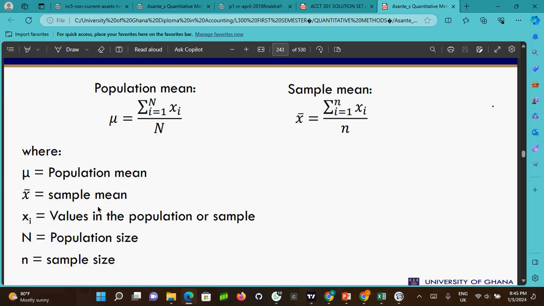You add all of them and then divide by the population size. If it comes to the population, you divide by the total population. If it comes to the sample side, you divide by the number of samples. So basically that's it.